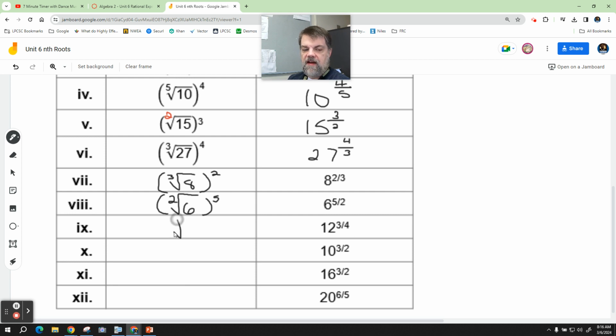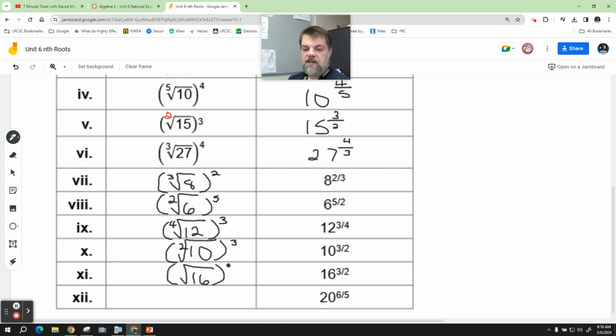Here I have a base of 12. The power is 3, and the root is 4. Next one, I have a base of 10. The power is 3, and the root is 2. Next one, I have a base of 16.